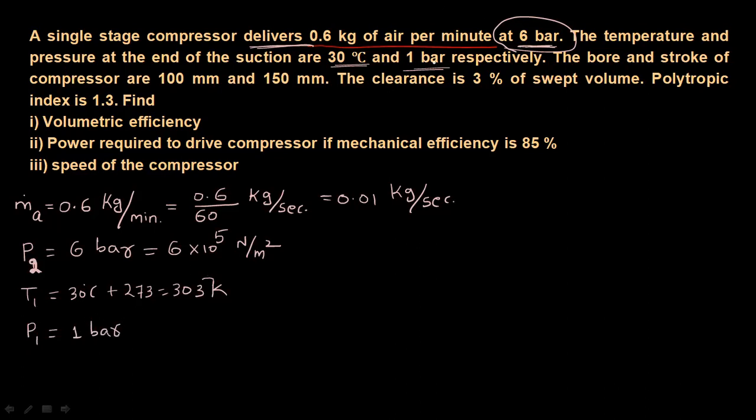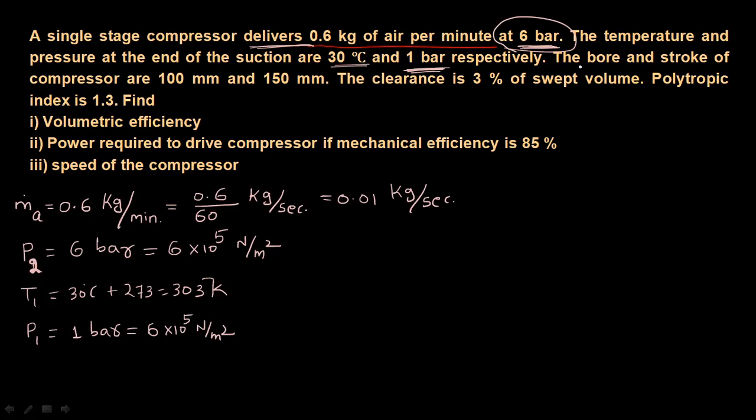So one pressure is given as 1 bar, the second pressure is given as 6 bar. Of course, inlet pressure P1 should be less than P2. That's why P1 is 1 bar and P2 is 6 bar, that is 6 into 10 to the power 5 Newton per meter square.